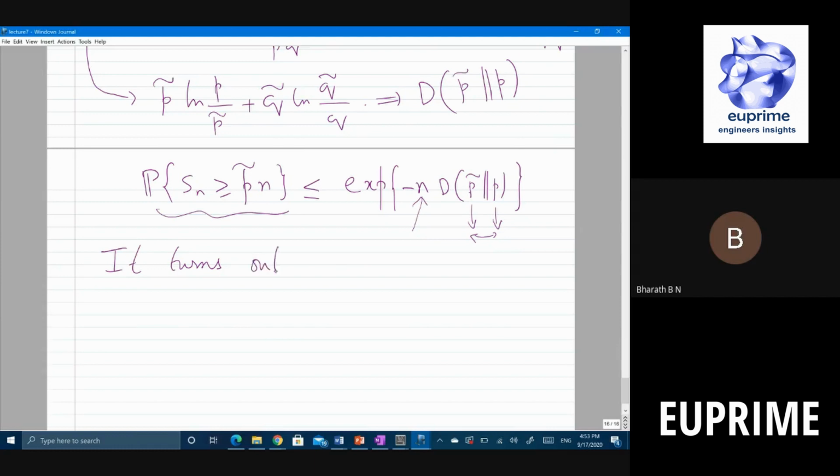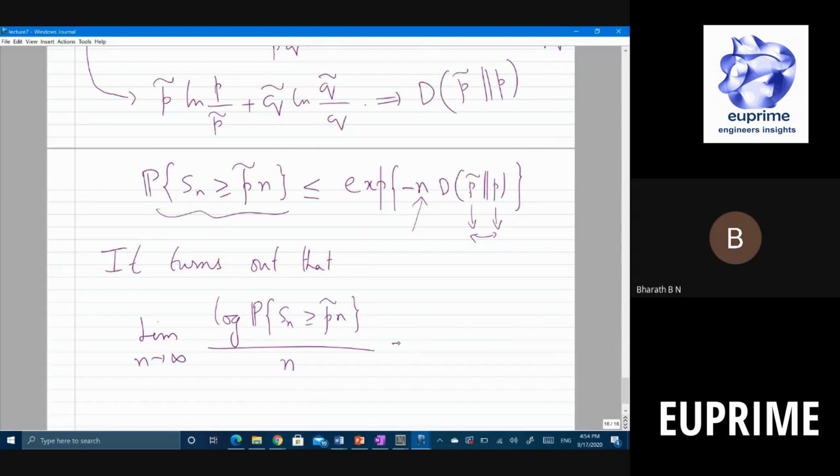It turns out that if you take the limit, I'll do the following. I'll take the log of the probability, natural logarithm, divide by n and take the limit n tending to infinity.